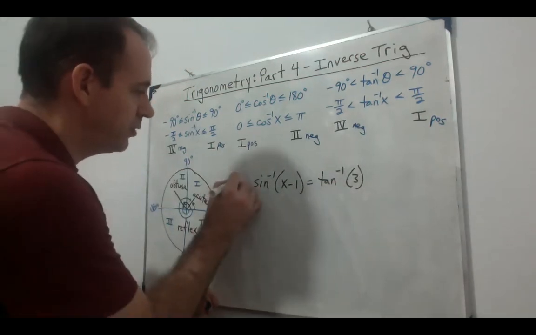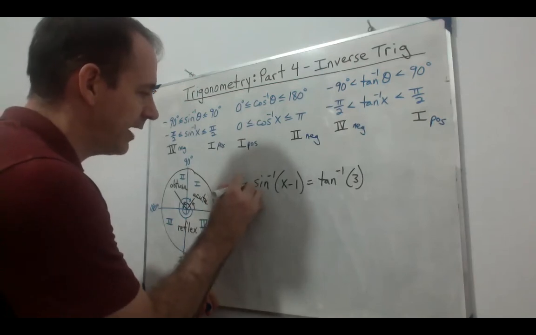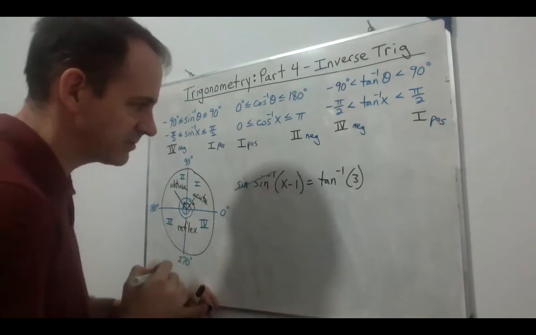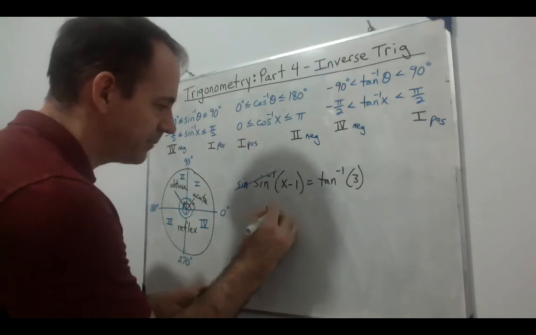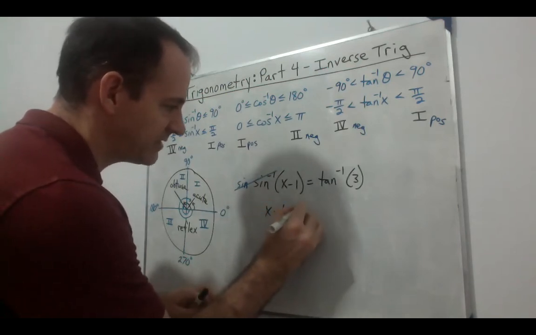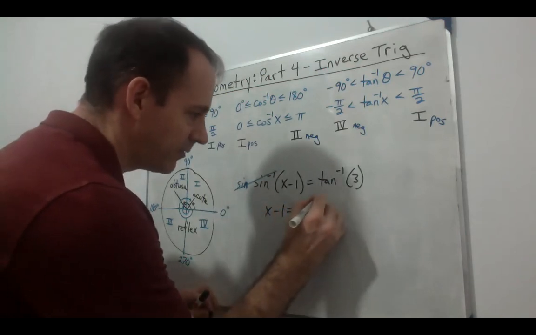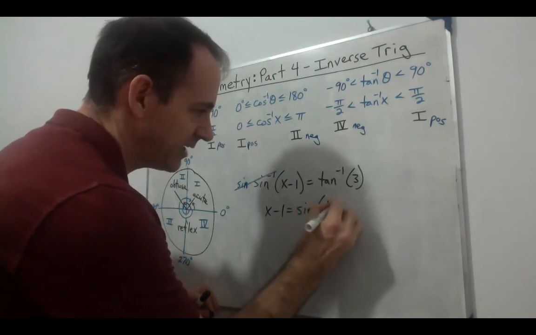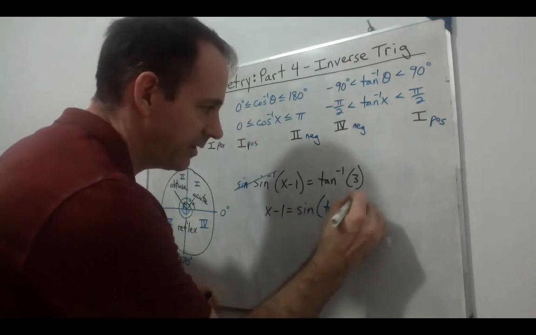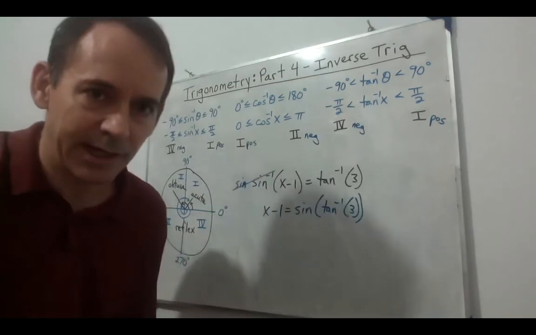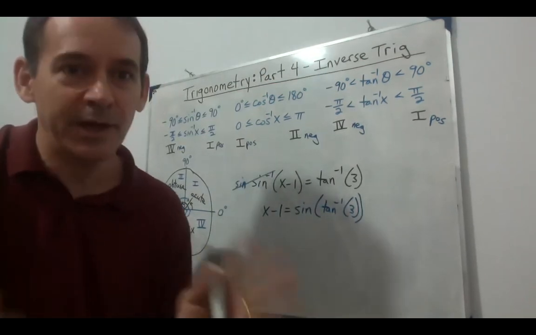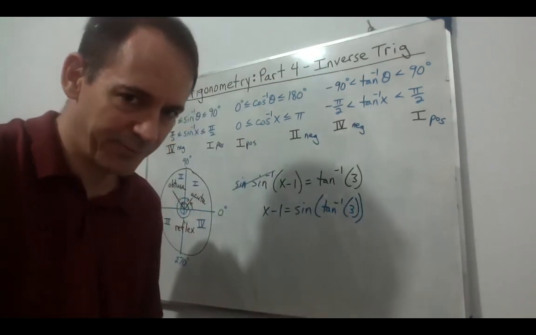So if you do sine of both sides, because we want to get rid of this, that cancels. So you end up with x minus 1 equals the sine of the inverse tangent of 3. And you're like, can we do that? Yes, we can, but you don't have to. Your calculator will do it for you.